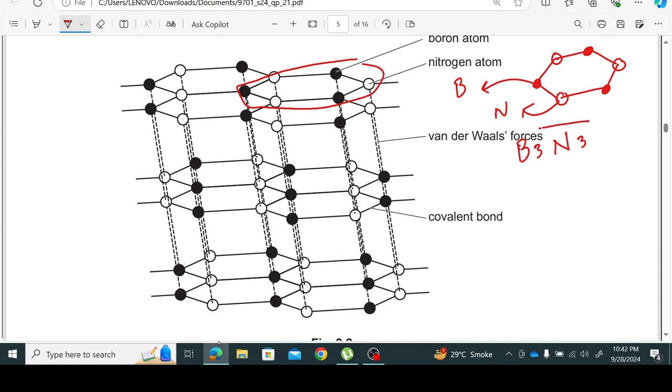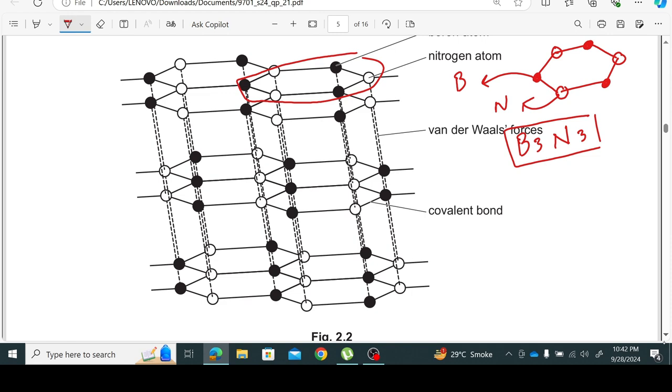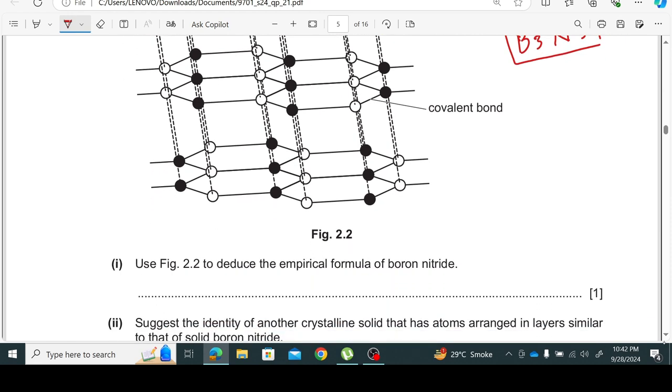That is a molecular formula, the formula which gives us the actual number of atoms. It tells you there are three atoms of boron and three of nitrogen. But he is asking for the empirical one.